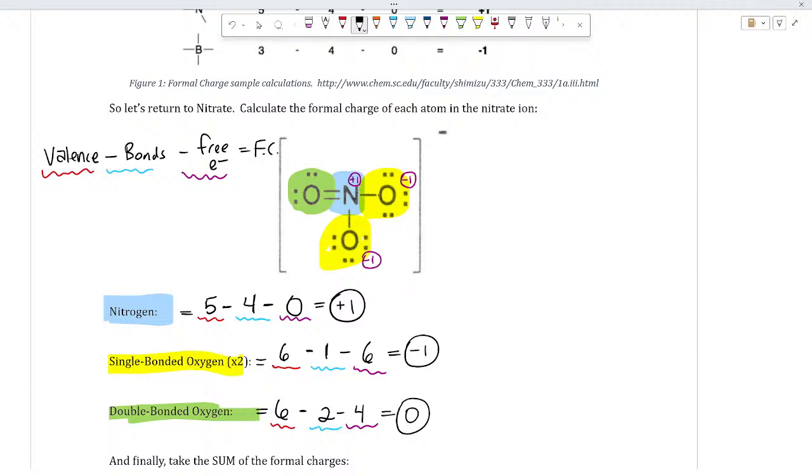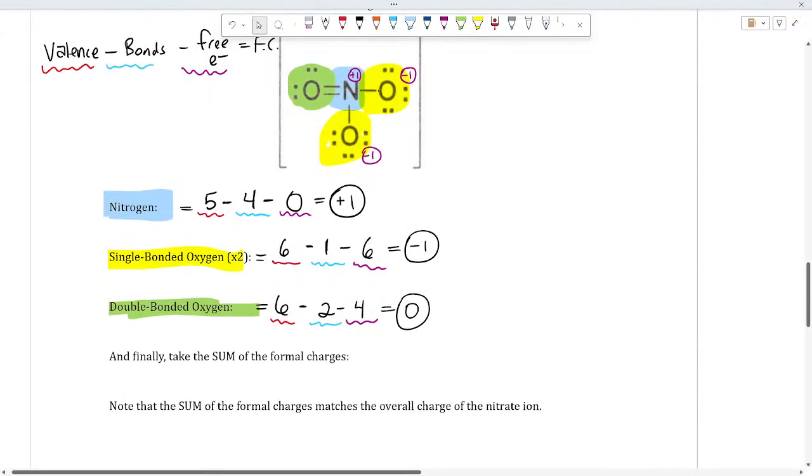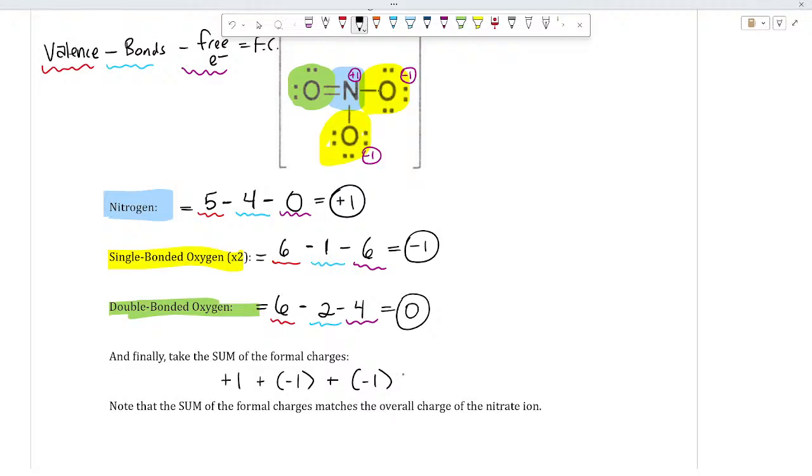Now, what do you note? Well, we note that if we add the formal charges up, we have plus 1, plus negative 1, plus negative 1, plus 0. These are our formal charges. And the sum of the formal charges, which I used a sigma for, you don't have to worry about. What is that if you add it together? 1 minus 1, minus another 1, plus 0 is negative 1.